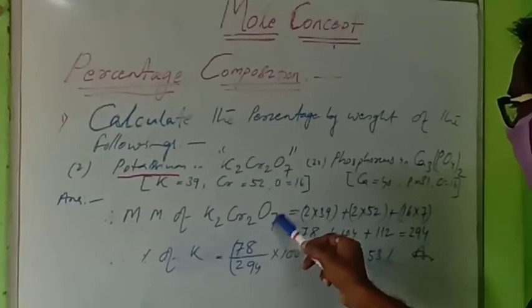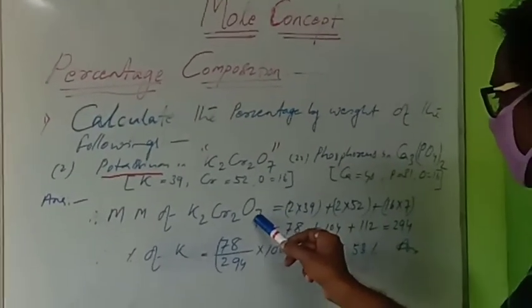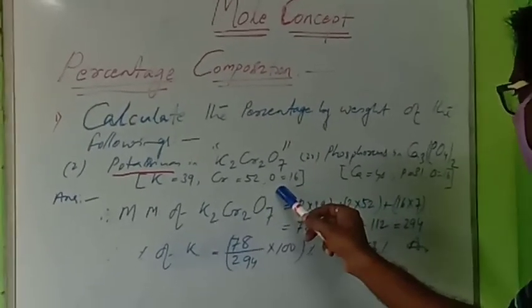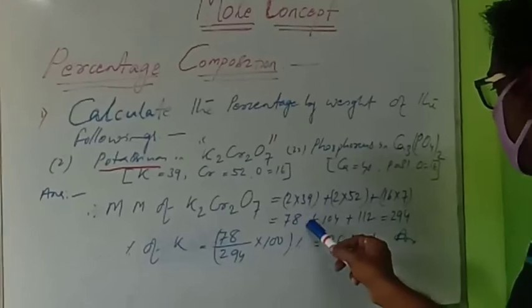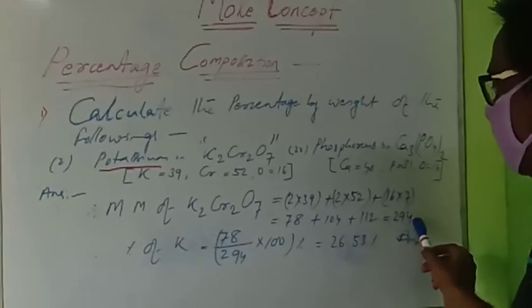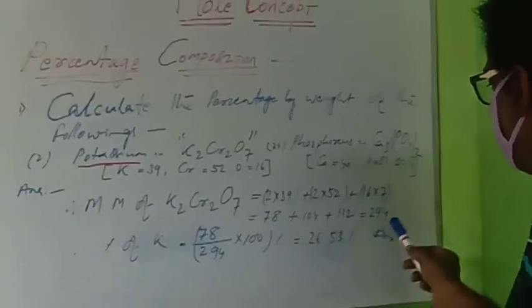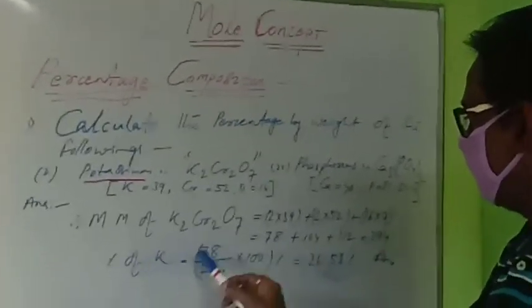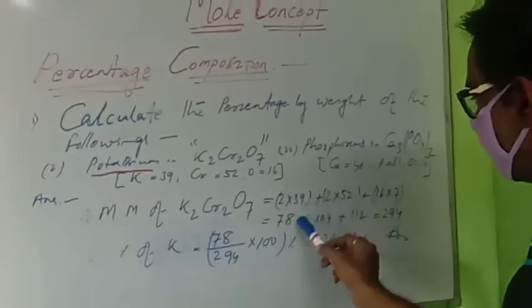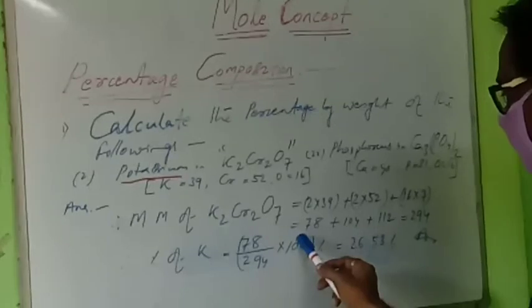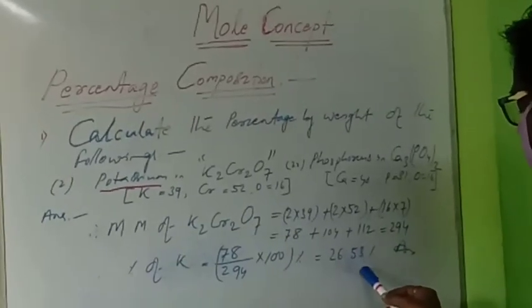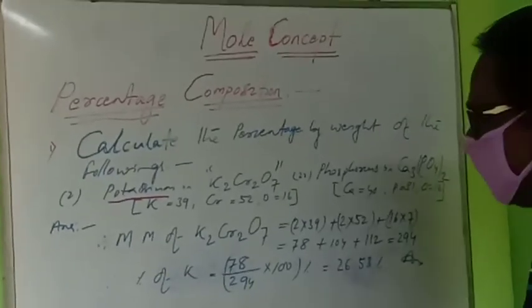Oxygen 7 atoms, 7 into 16, because the atomic mass of oxygen is 16. After that you get the total, 294 grams. Therefore, the percentage of potassium is 78 by total into 100, that is 7800 by 294, which gives 26.53%.